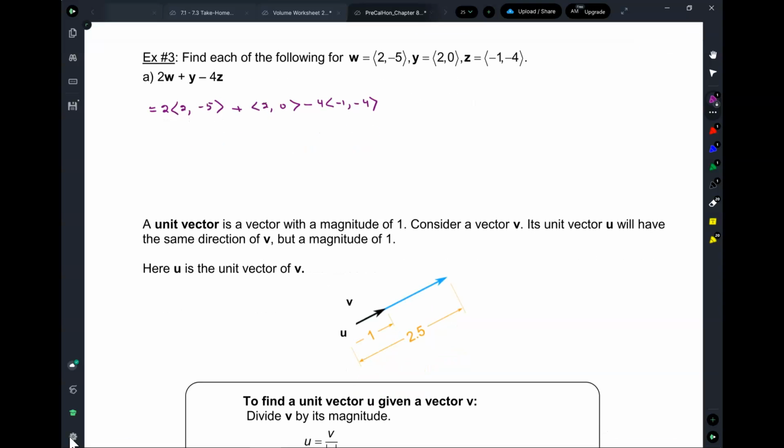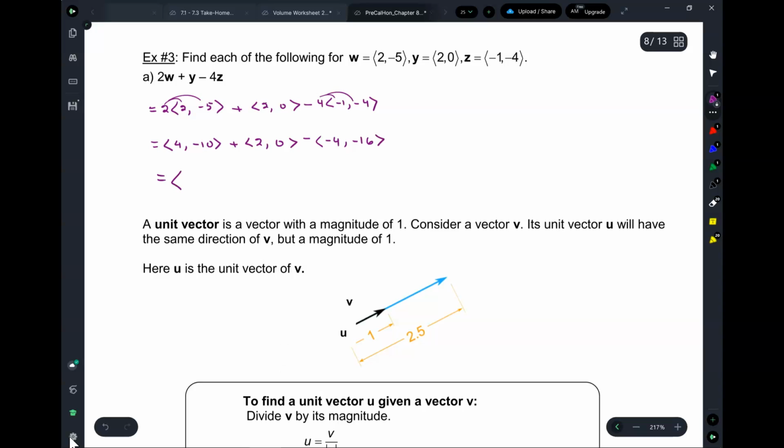What happens here is you distribute the 2: 4, negative 10, plus 2, 0. And then here it's minus, if you distribute the 4. It's up to you if you want to do plus and then distribute the negative as well. It's the same. So negative 4, negative 16.